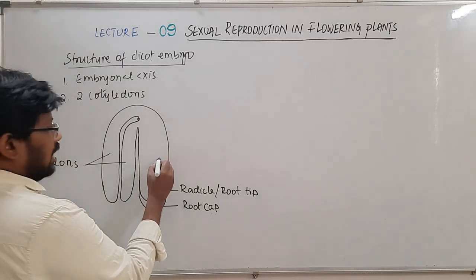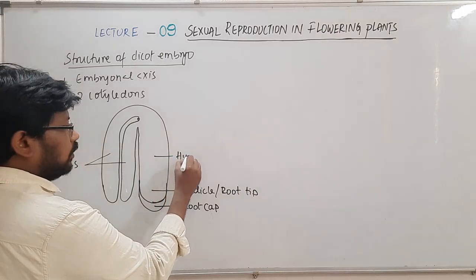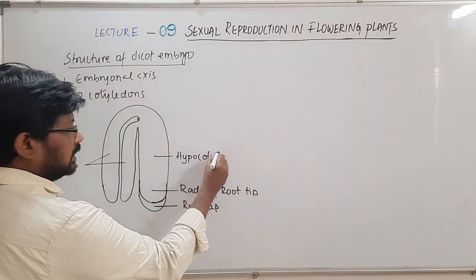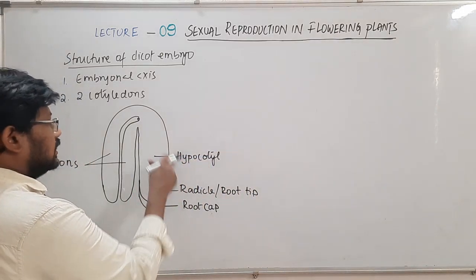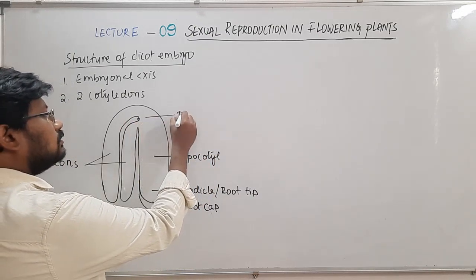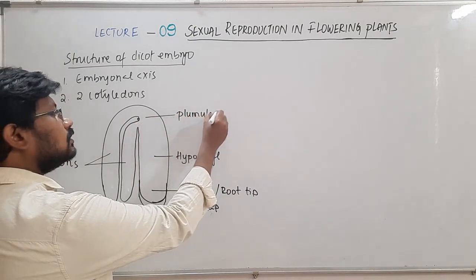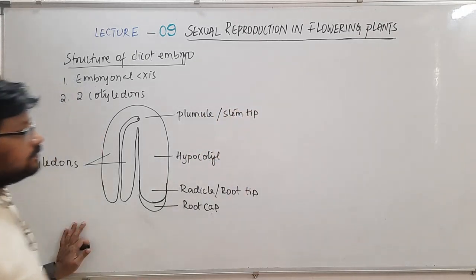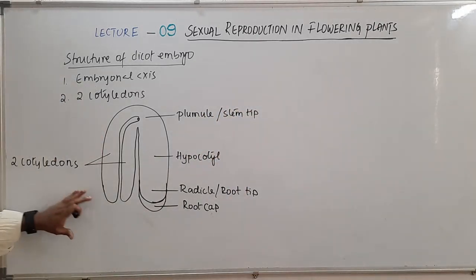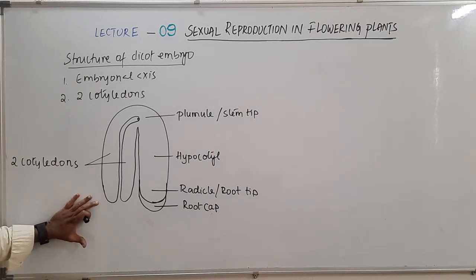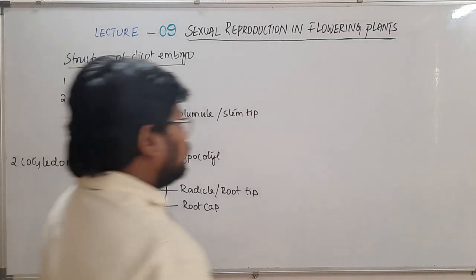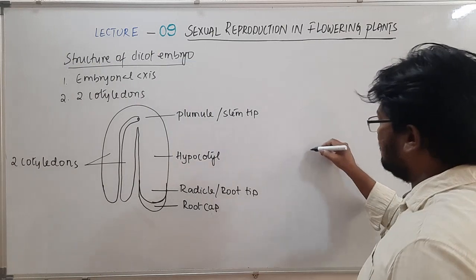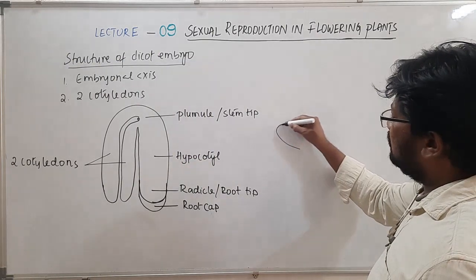Now we have a region called hypocotyl, which means the region below the cotyledons, and here is the portion called plumule, which is called the stem tip. So here, for the sake of understanding, I shall unfold this embryo and we shall see here.